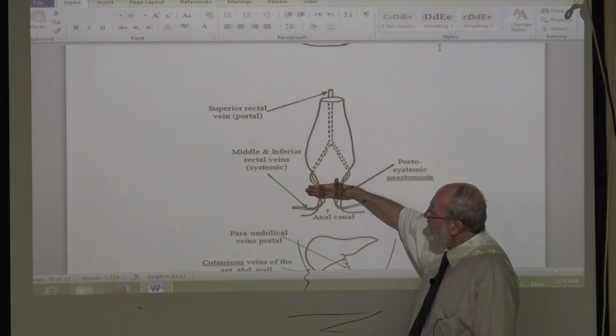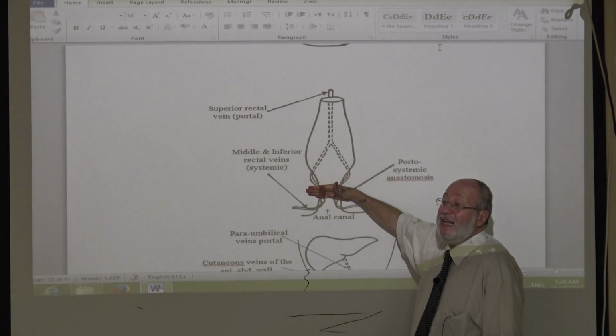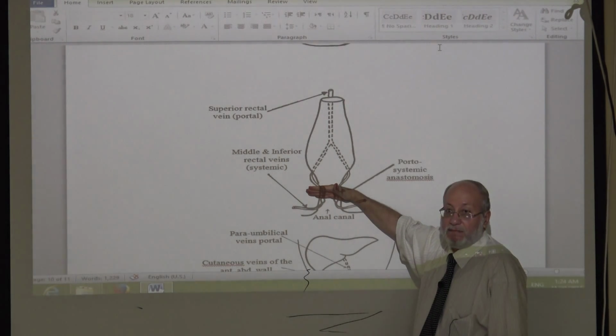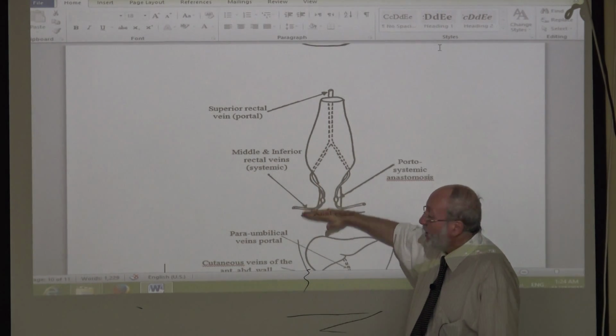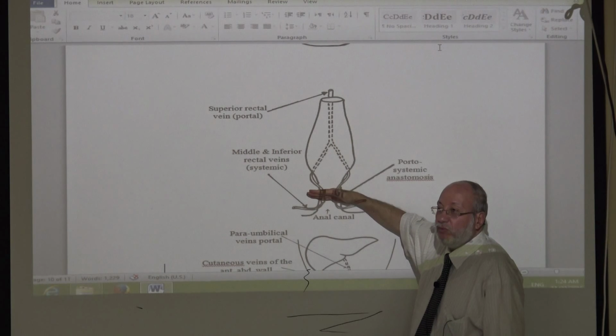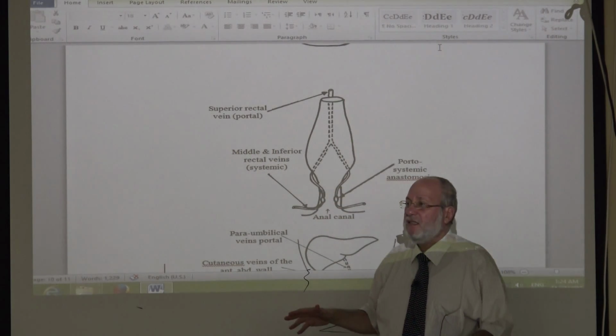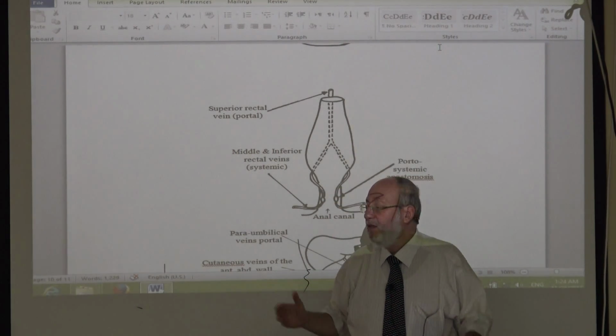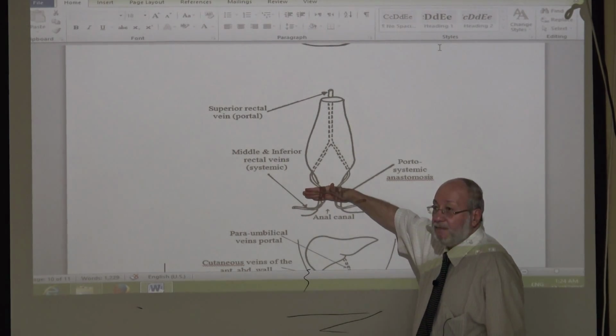The lower half of the anal canal is drained by the middle and the inferior rectal veins, which drain into pelvic veins, inferior vena cava finally, which are systemic.